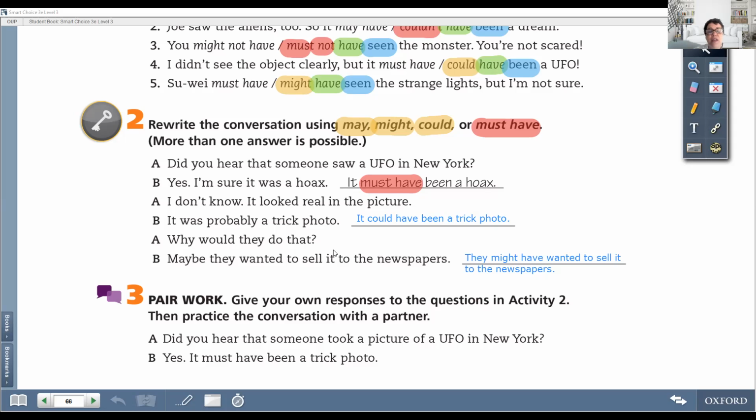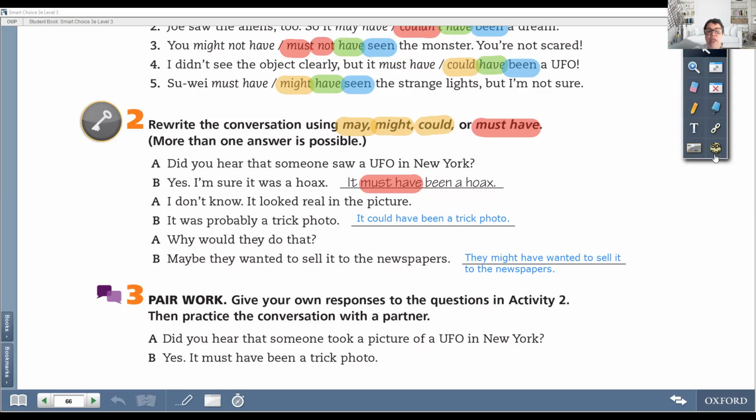You could say, for example, it might have been an airplane, not a UFO, right? It might have been an airplane. Okay, that's an idea.